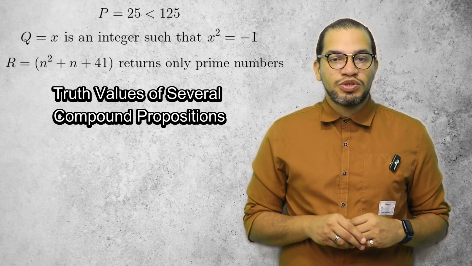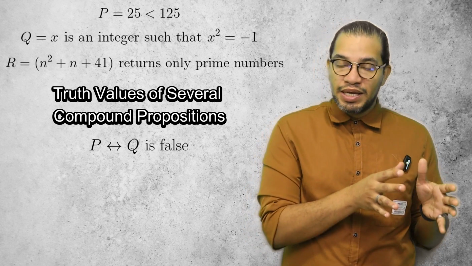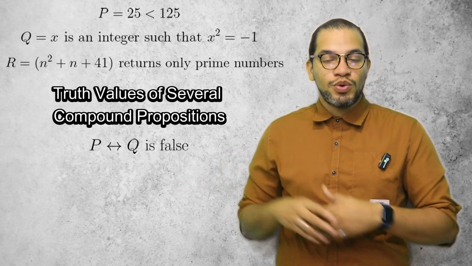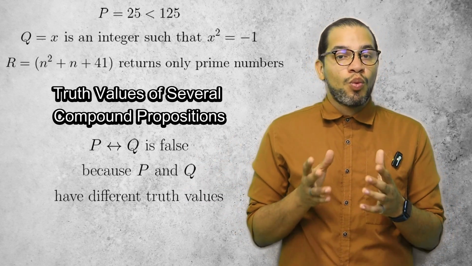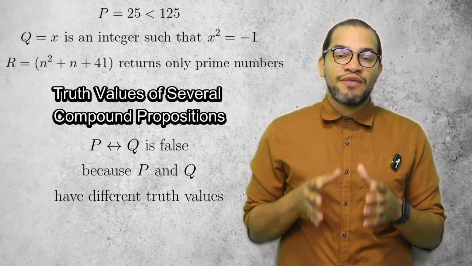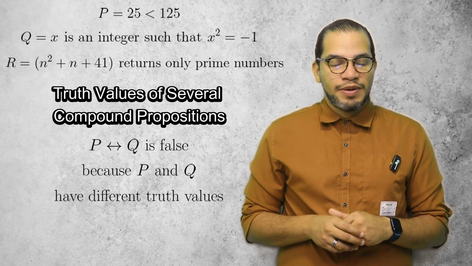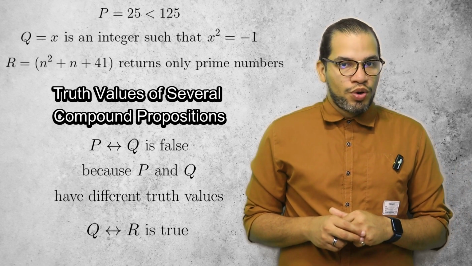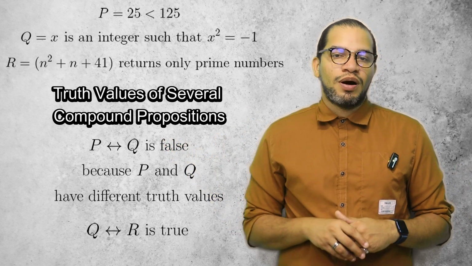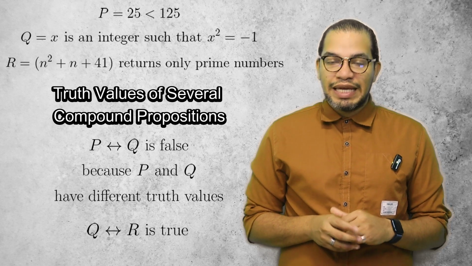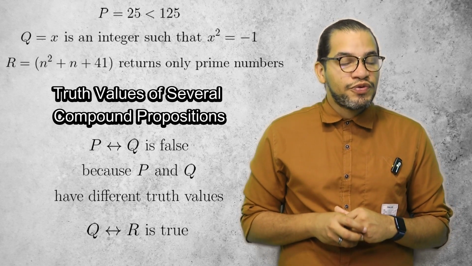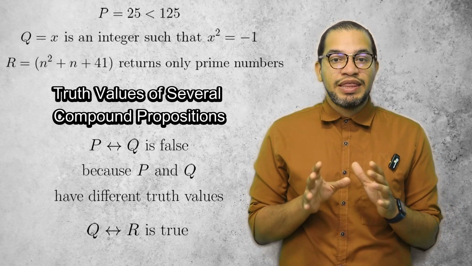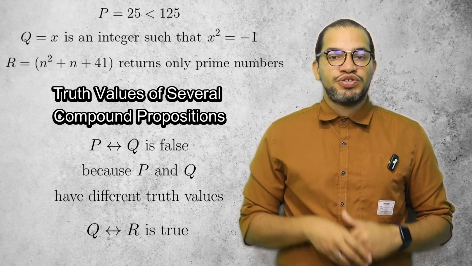Finally, an equivalence proposition of the form P if and only if Q is true when both of them have the same truth value, meaning P and Q are both true or P and Q are both false. If both of them have different truth values, then the equivalence proposition is false.